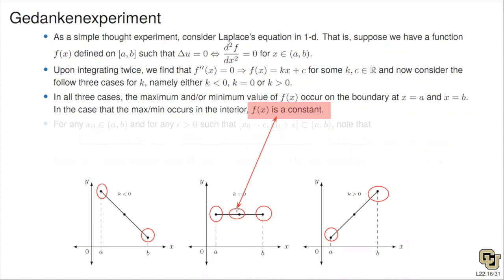Otherwise, if the function is not constant, or another way to say it, if the maximum or minimum is not occurring on the interior, it's occurring on the endpoints, so that's the only place it's going to happen. So in this case, these are the only places we see the max and min: at the endpoints, the boundary of our domain. Here, for this domain, think of A and B as being the boundary.